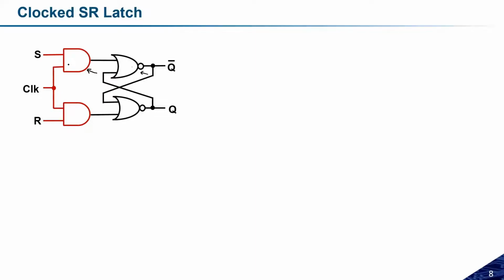So here, the set input will be implemented through an AND gate. One input will be the clock and the other will be set or reset, and this output will be connected to the two input NOR gate. So let us try to design it properly.